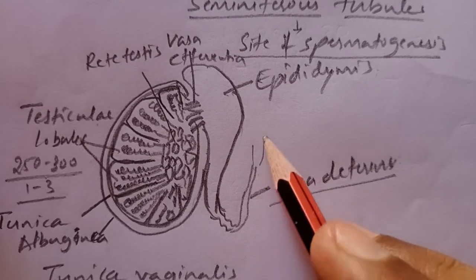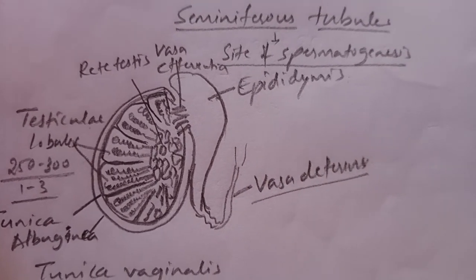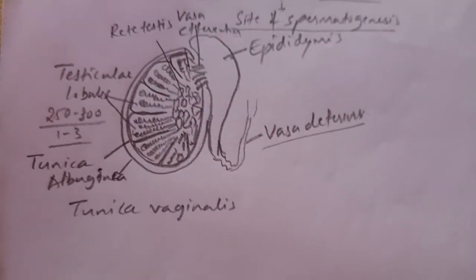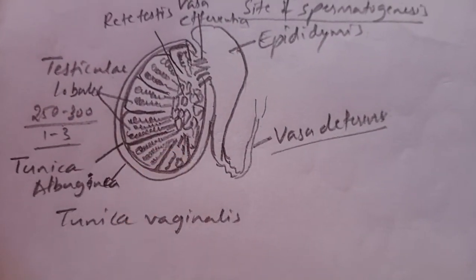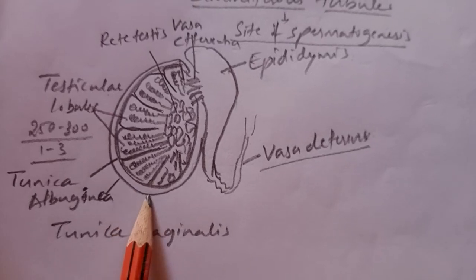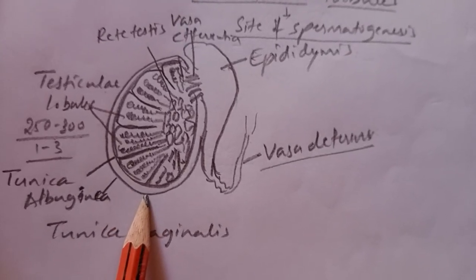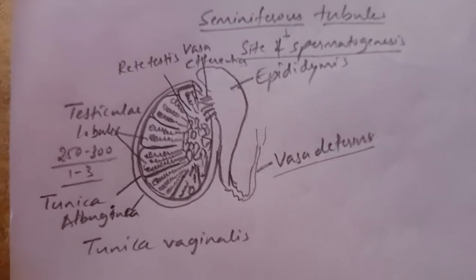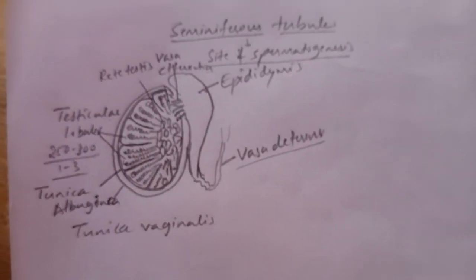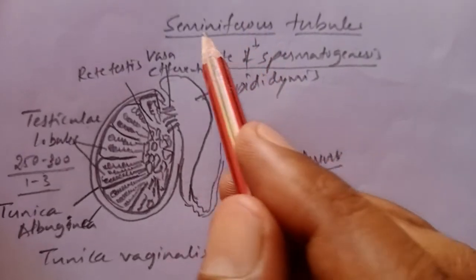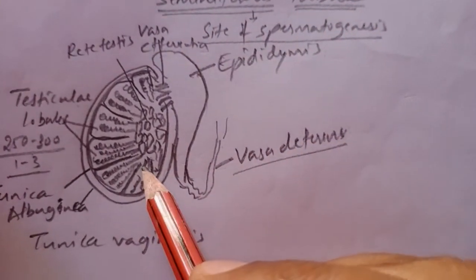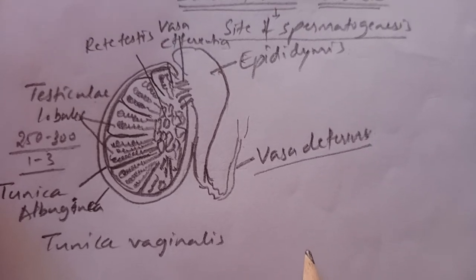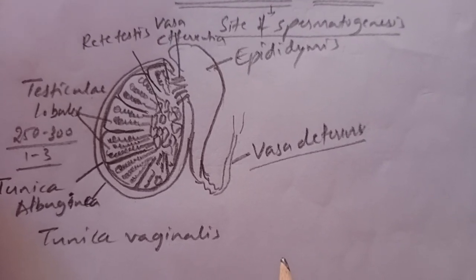So this will conduct. Here, this is the sectional view of the testis, right? It is also important to understand what exactly the seminiferous tubules are. When 3 marks are asked for seminiferous tubules, there is no need to draw this diagram. You go for exactly one particular diagram that I'll draw now.